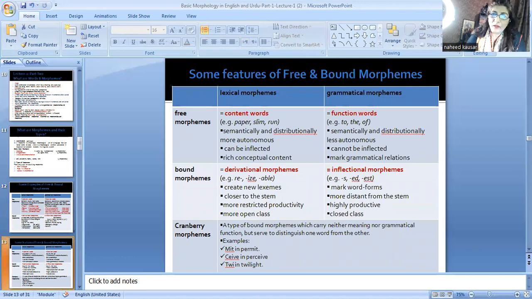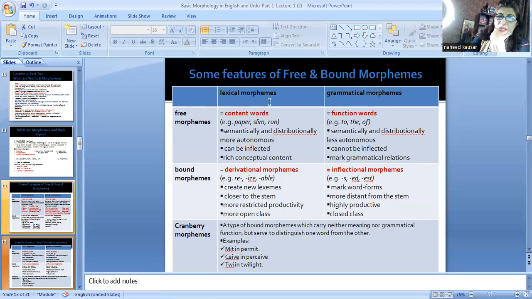If we talk about the features of the free and the bound morphemes, we can say that the free morphemes, which are lexical morphemes, are considered to be semantically and distributionally more autonomous than the grammatical morphemes, which perform as function words in sentences.